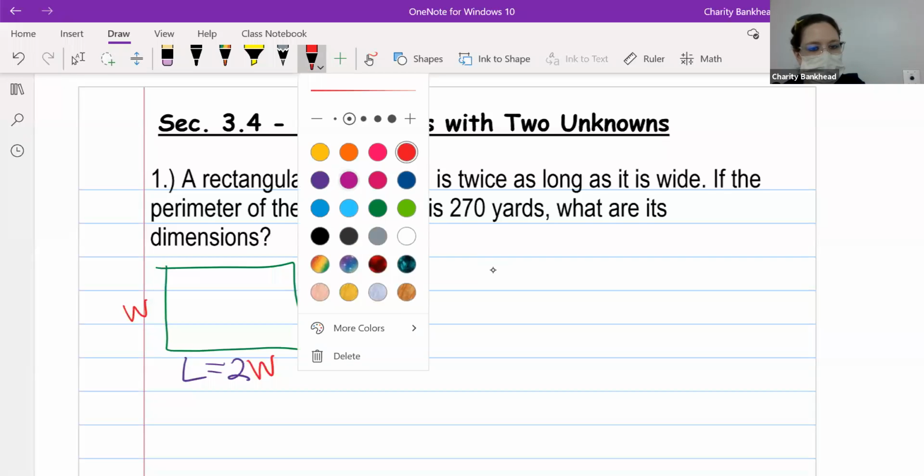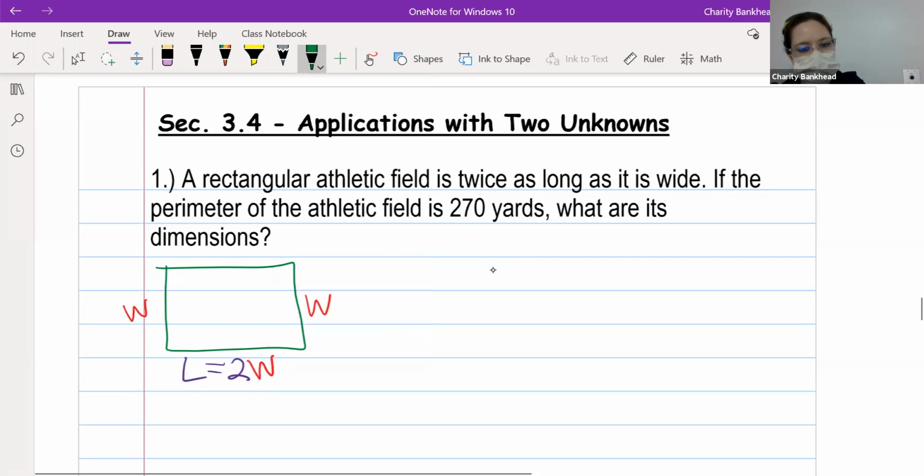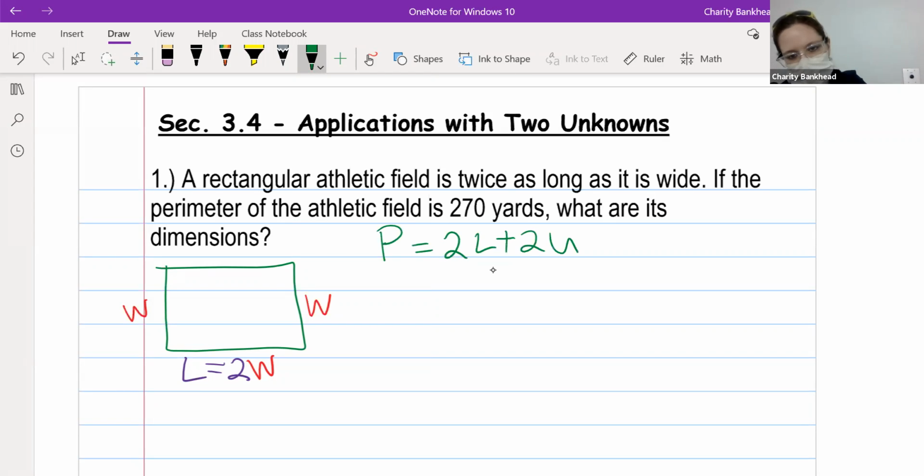So perimeter equals 2L plus 2W. And then it tells us the perimeter is 270, so we can plug that in place of P. So 270 equals. And then we're going to plug in 2W in place of the L.